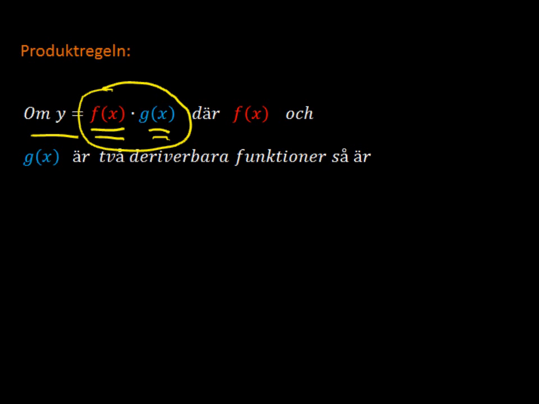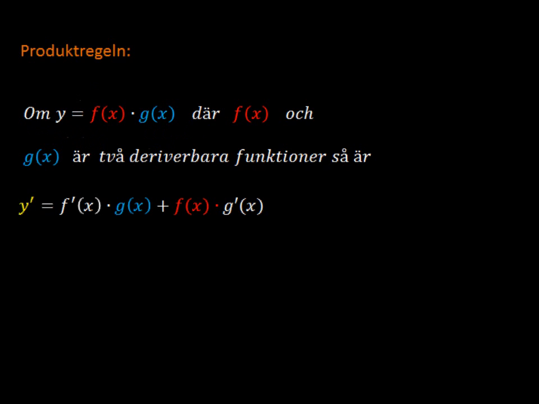All right, so let's take a look at the next step then. When we know that this is our situation, then we take the derivative, and just like the rule says, we take the derivative of the first part here, and that gives us the f prime of x. Okay, then we take the original g of x and multiply it by the f prime of x.